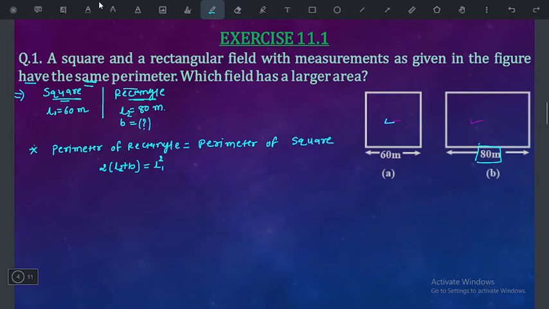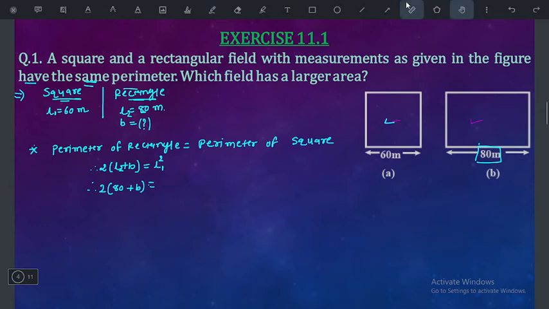Now 2 into (L2 plus B), this is 80. So we put the value of L2, it is 80, plus B, that equals perimeter of square.